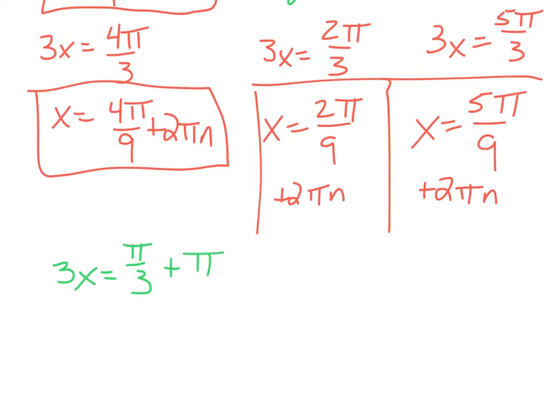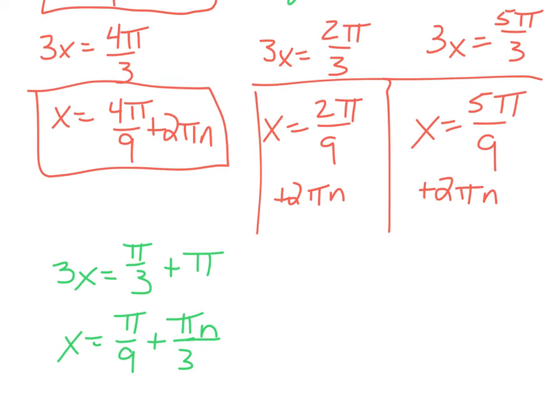And so then now when we divide by 3, we would say that x equals pi over 9 plus pi n over 3, right? Then we're just adding a third to every pi over 9, and that will take care of all of the positives.